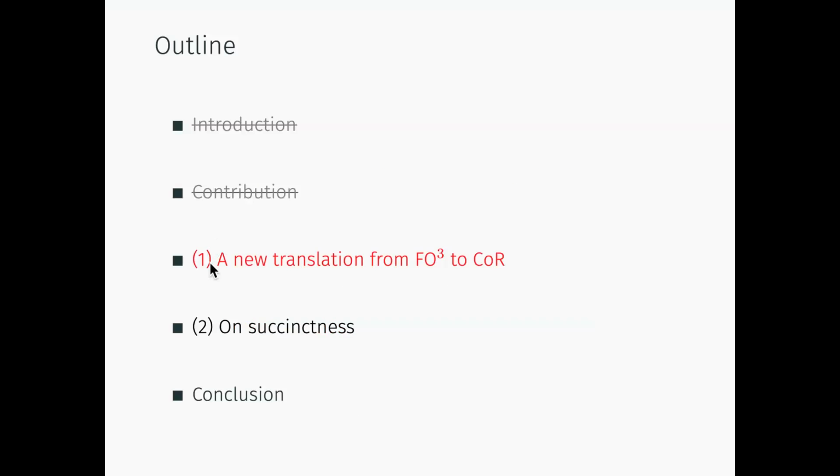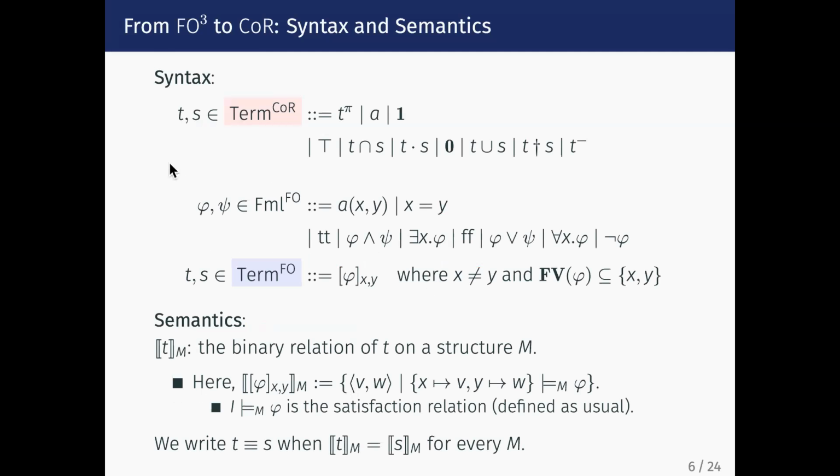So first, we present a new translation from FO3 to CoR. Before we present the translation, we define the syntaxes of the calculus of relations and first-order logic. Intuitively, the above operators correspond to the below operators, like T corresponds to TT and so on. And in this form, x and y are distinct, and phi is a formula having at most three variables x and y.